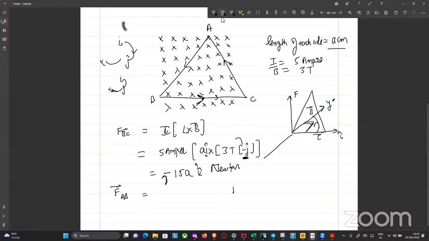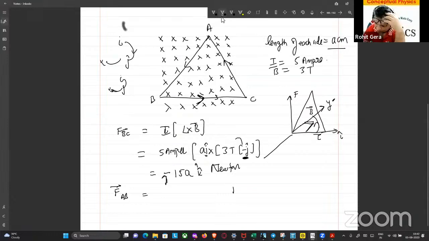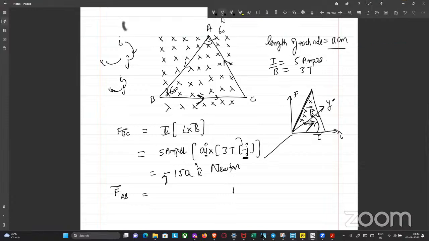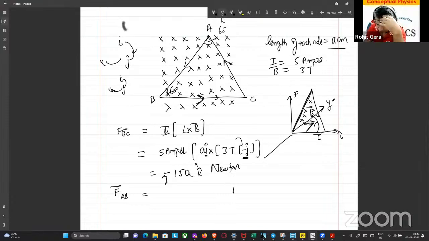The magnetic field is going inside here. This length is at 60 degrees, and this is also 60 degrees and 60 degrees. So we have to find the force, and force is given by I L cross B. The I doesn't change.